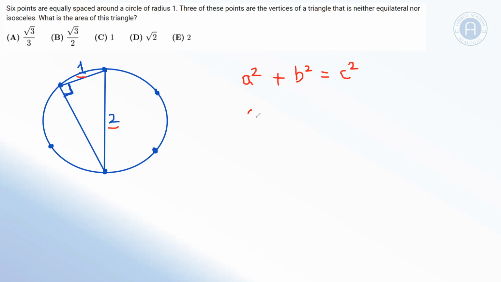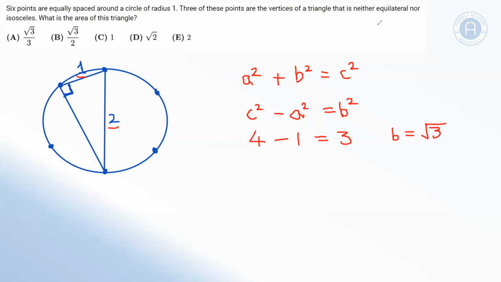So therefore, if we rearrange this, c squared minus a squared is equal to b squared. 2 squared is 4, minus 1 squared is 1, equals 3. So if b squared equals 3, b must equal the square root of 3.